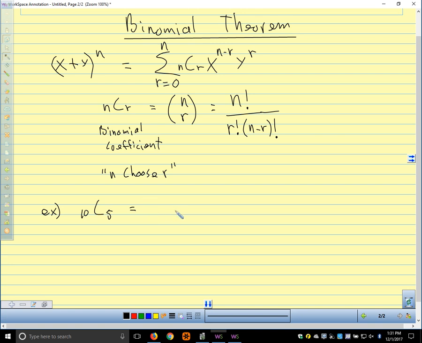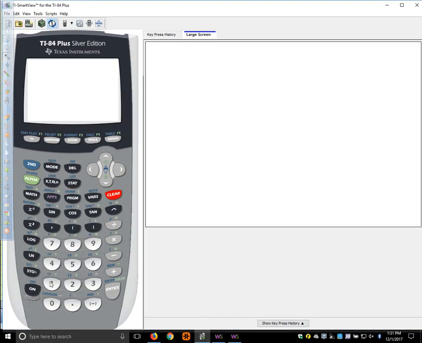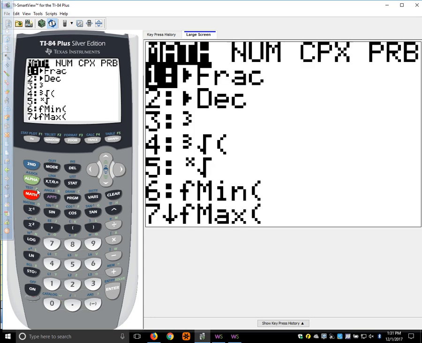So 10 choose 5 is 10 factorial over 5 factorial times 10 minus 5 factorial, which is 10 factorial over 5 factorial times 5 factorial. So we know how to simplify this by hand. Let's use our calculator. I'm going to do 10, and then I'm going to go to math and arrow over to probability.